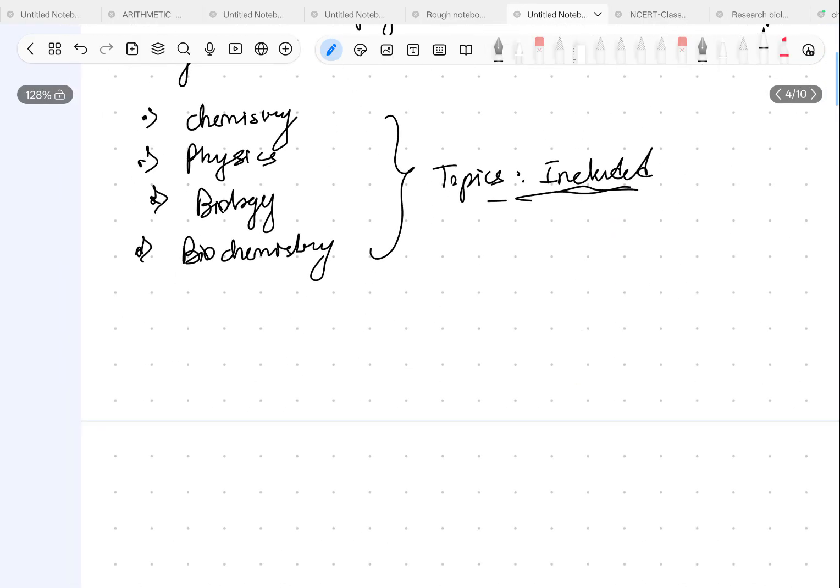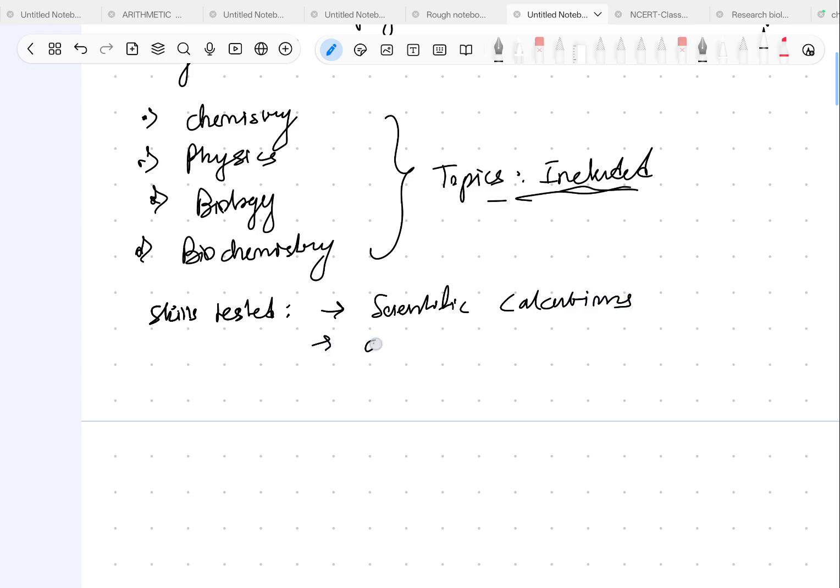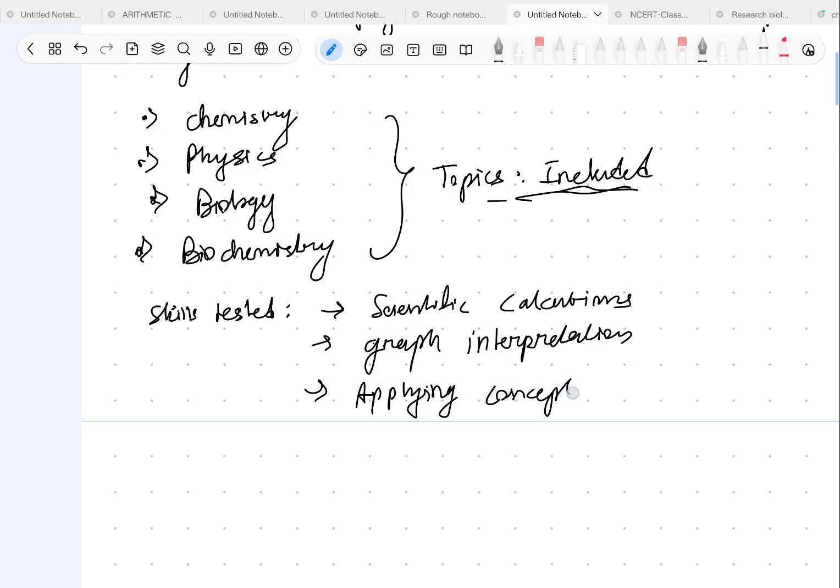The skills tested are scientific calculation, graph interpretation, and applying concepts to medical situations.